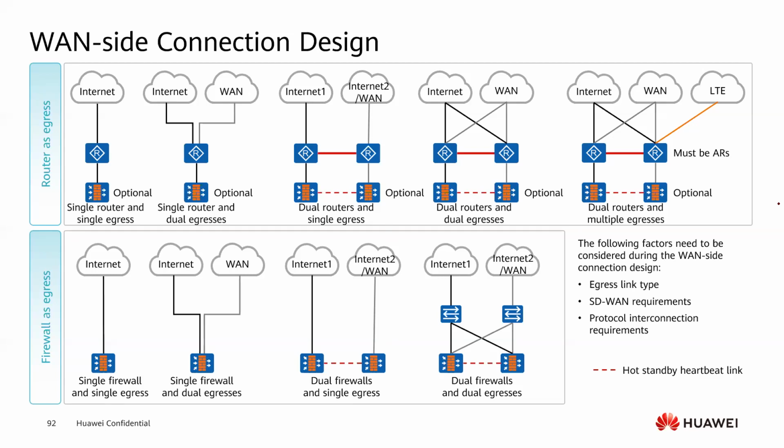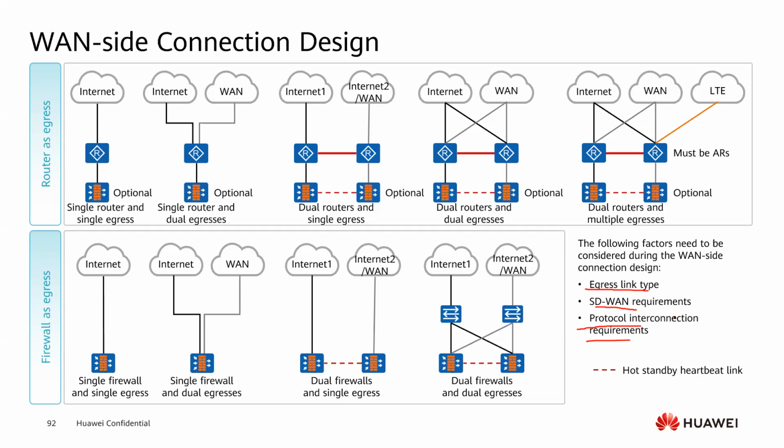you need to consider the egress link type, the SD-WAN requirement, and the protocol interconnection requirement. If the egress link type is Ethernet, you can choose the NE, the AR, or firewalls. If it's a non-Ethernet link, such as E1 or CPOS links, as usual we will use a router as the egress device.